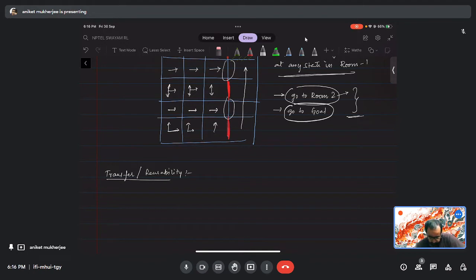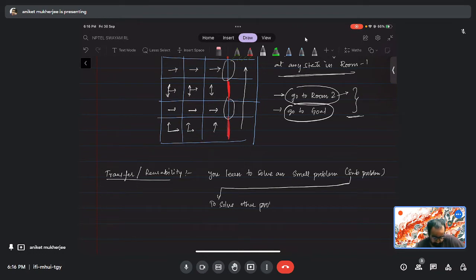So what you learn is to solve a small problem, or a subproblem which is not the total problem. Now you can use this subproblem to solve other problems not related to the original problem.